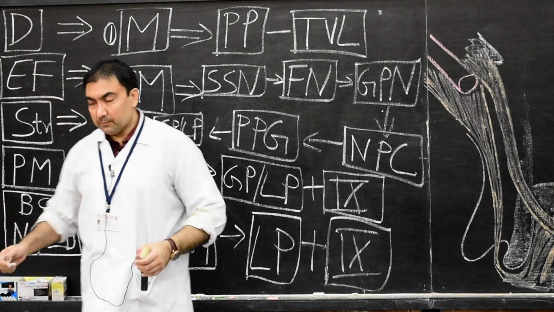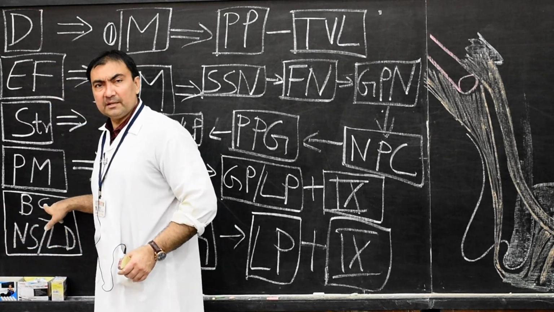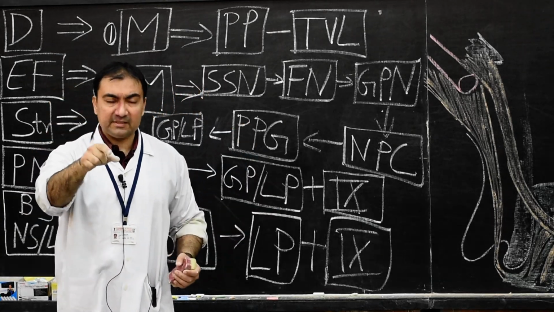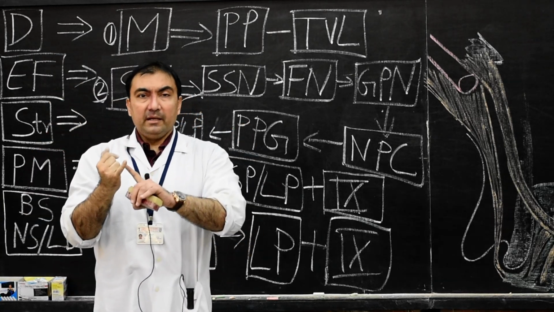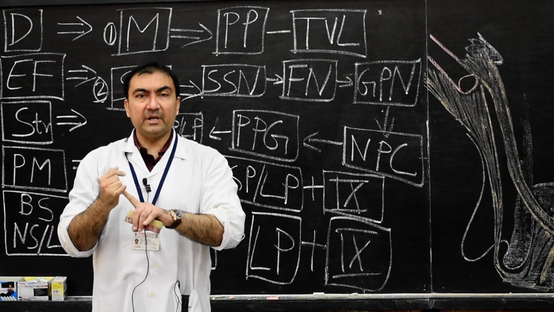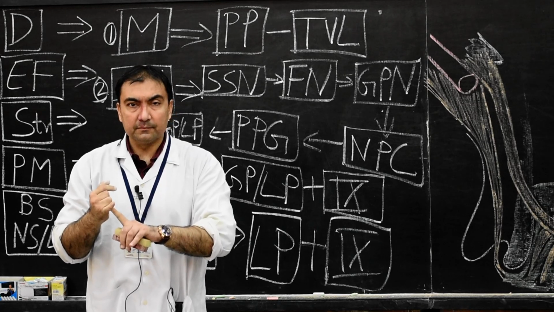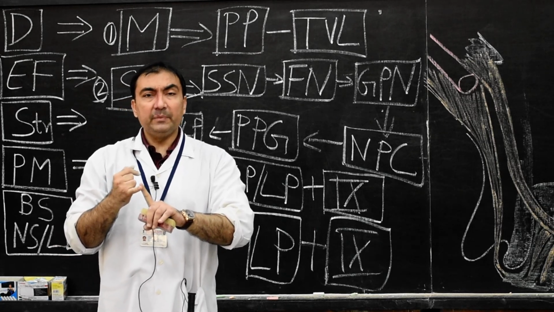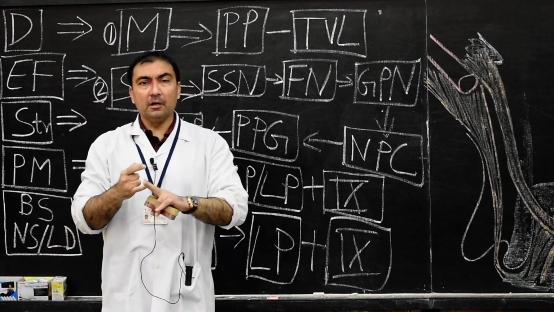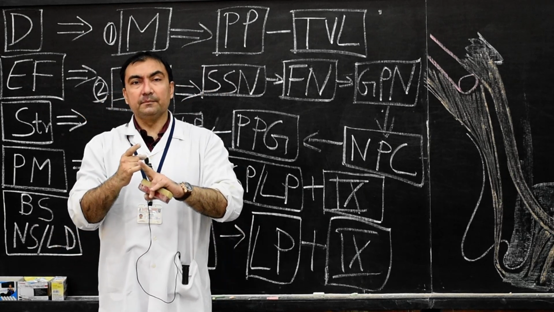Now we come to the blood supply, arterial supply. Very simple. This is how you have to remember. Same as tonsils, same as pharynx. Ascending palatine branch of facial artery, number one. Number two, palatine branch of ascending pharyngeal artery. And number three, there will be a branch of maxillary artery.